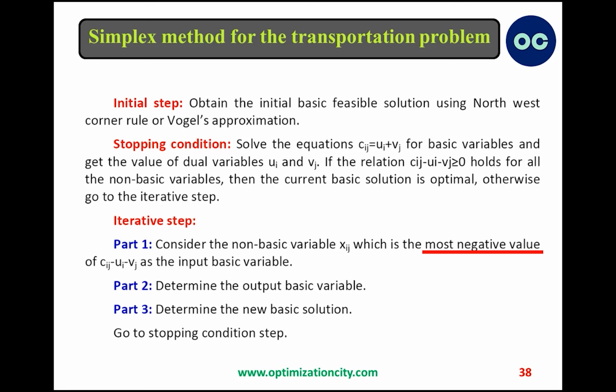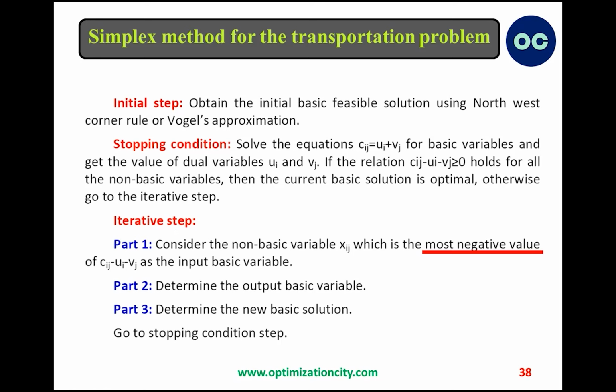In the stopping condition, we solve the equation Cij equal to ui plus vj for the basic variables to determine the values of ui and vj. If the condition Cij minus ui minus vj is non-negative holds for all non-basic variables, the current basic solution is optimal. Otherwise, we proceed to the iterative step.